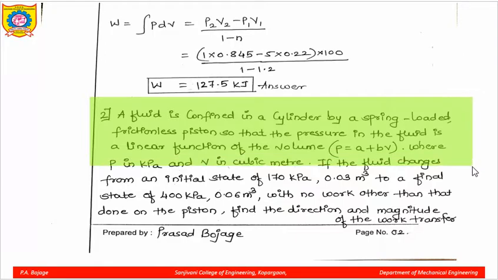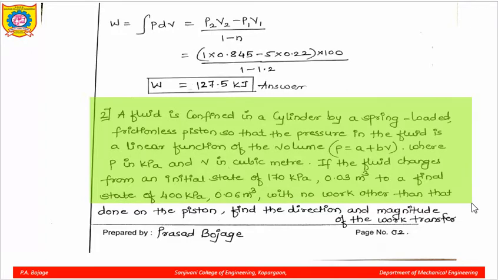If the fluid changes from an initial state of 170 kilopascals and 0.03 meter cube to a final state of 400 kilopascals and volume 0.06 meter cube, when no work other than that done on the piston, find the direction and magnitude of work transfer.